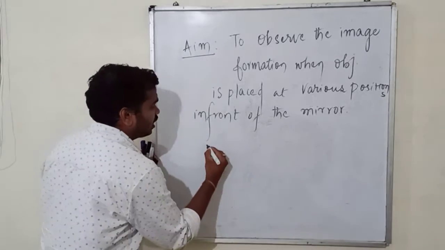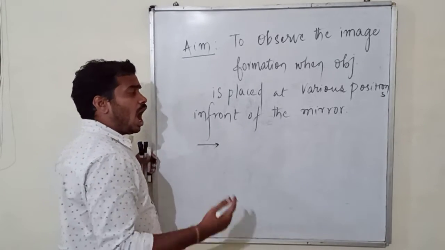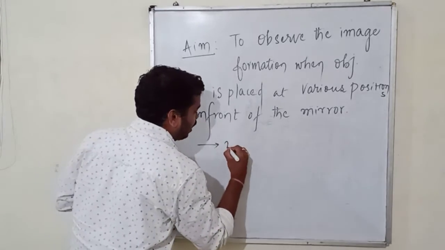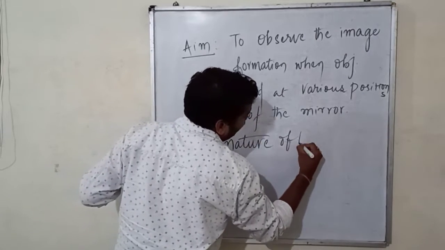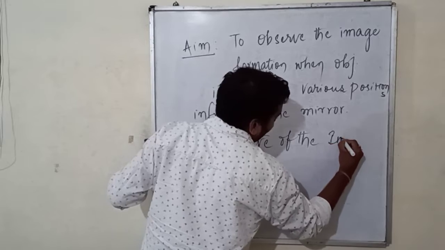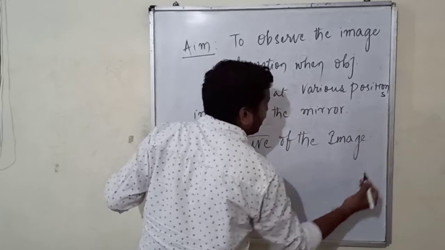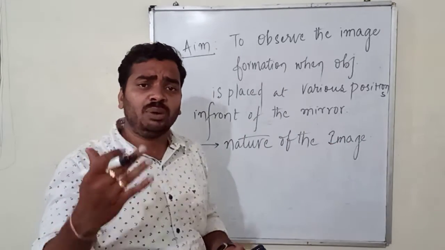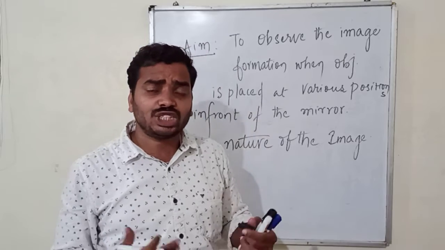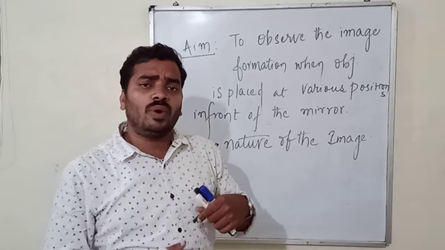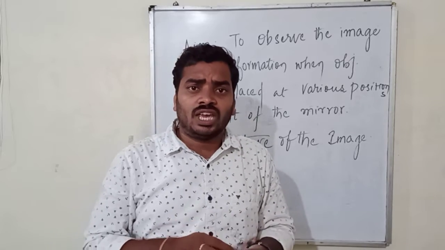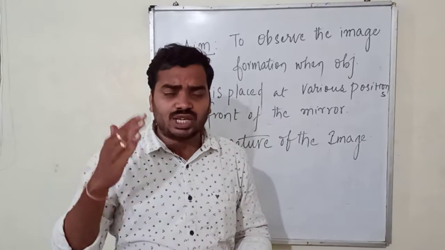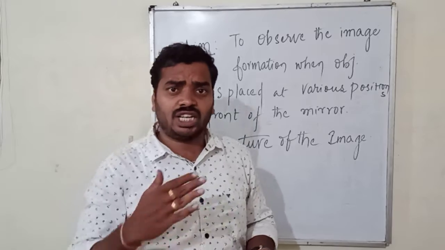And next to that, you are going to learn what the nature of the image would be. I will explain what exactly we mean by nature of the image. Nature of the image in the sense how the image looks, whether the image formed is diminished, enlarged, inverted, or erect.